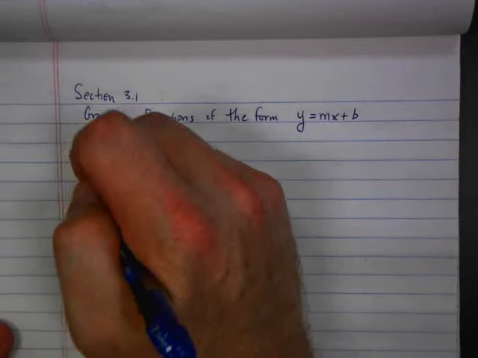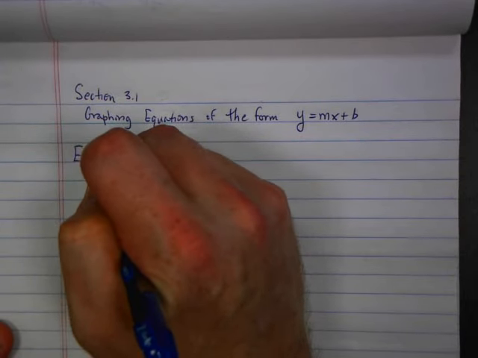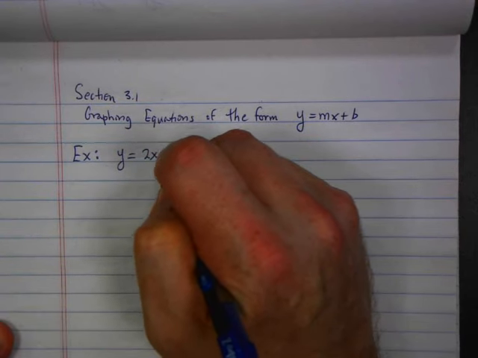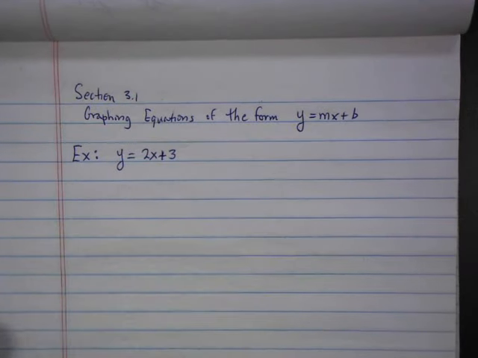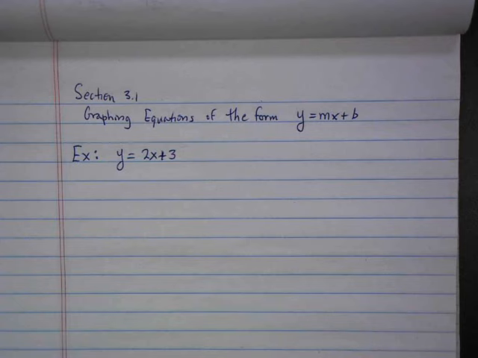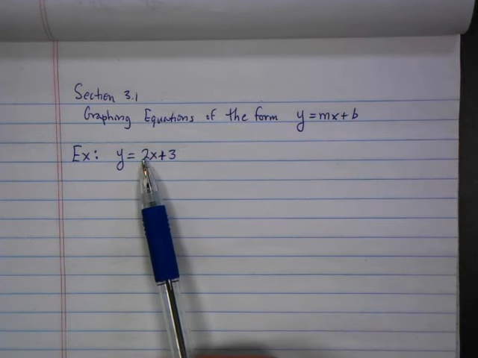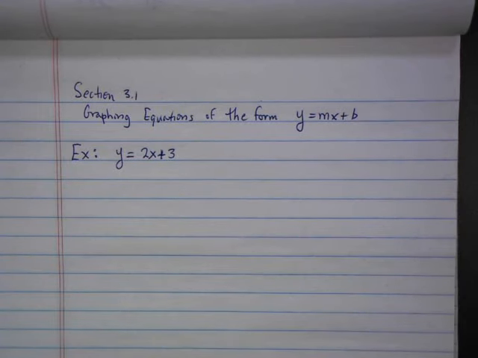All right, so I might give you an equation like y equals 2x plus 3. So that's in the form y equals mx plus b, where m here is the number 2, b is just the number 3.